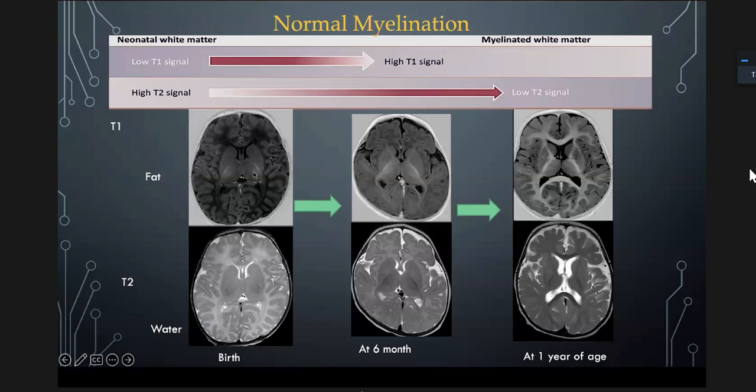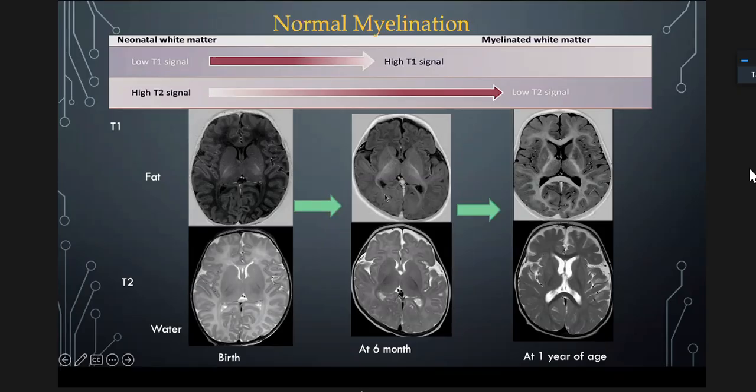As the myelination progresses, the fat content in the white matter increases. As the fat content increases, the white matter signal appears hyperintense on T1. At 6 months, we see further myelination: the optic radiations, optic tracts, and here the anterior limb of the internal capsule.